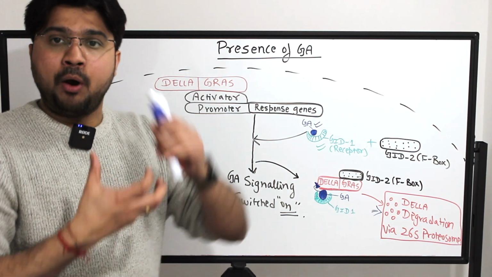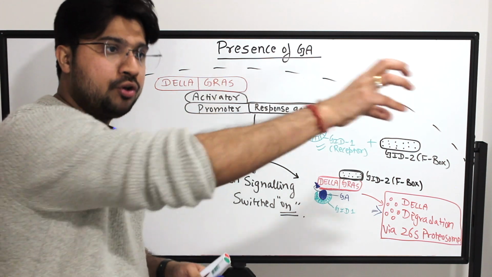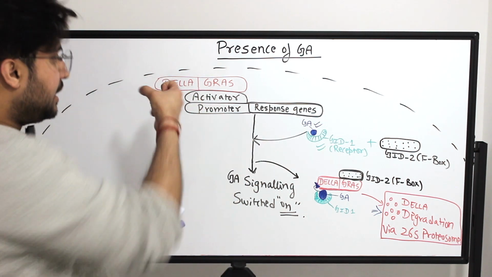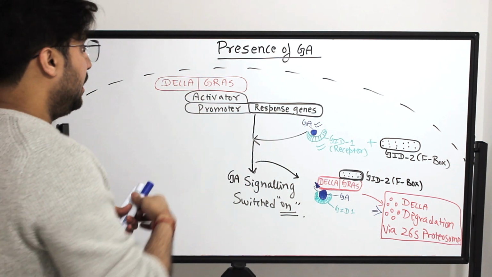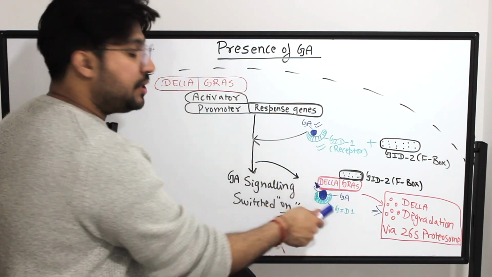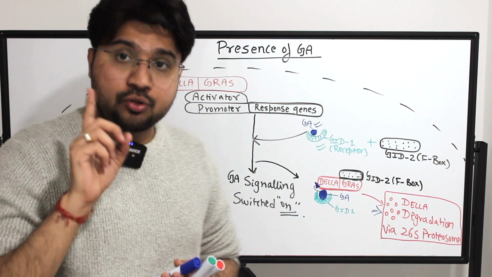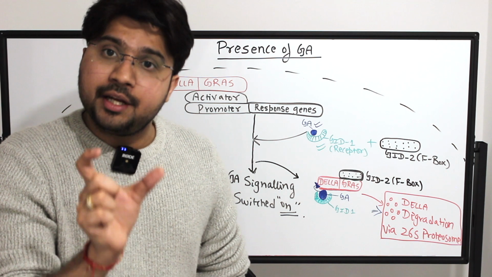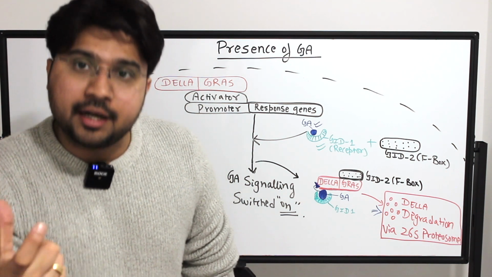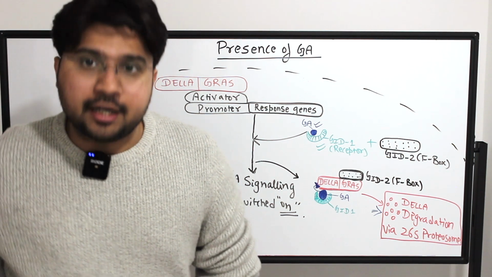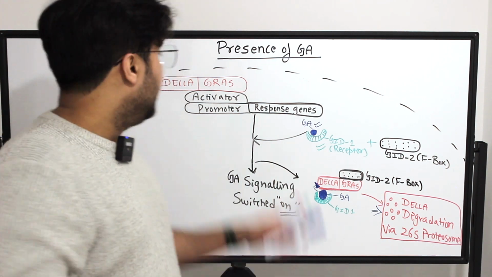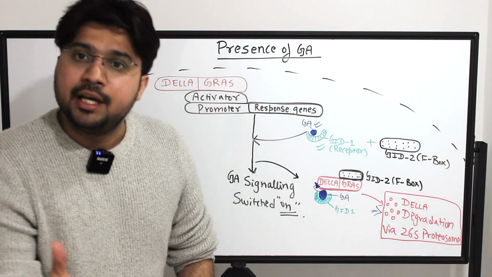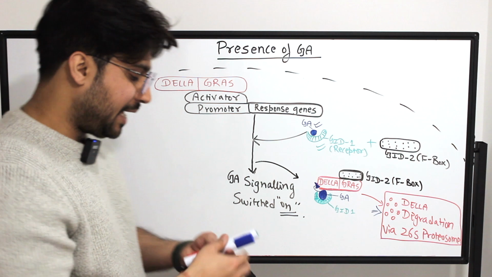So Gibberellin bound to its receptor goes and removes this DELLA repressor by binding to which domain? The N-terminal DELLA domain. So the role is clear. The DELLA domain is required for being recognized by the Gibberellin so that it can be removed, while the GRAS domain was actually shutting down the signaling mechanism.